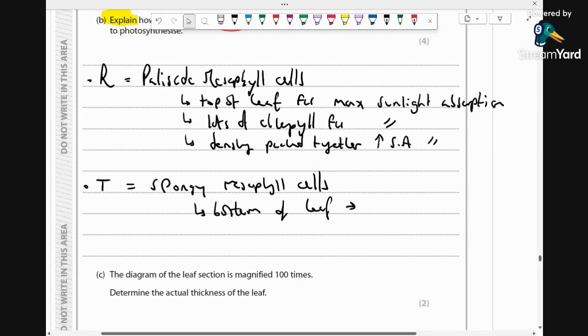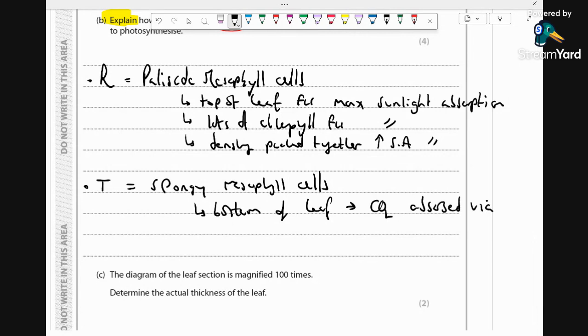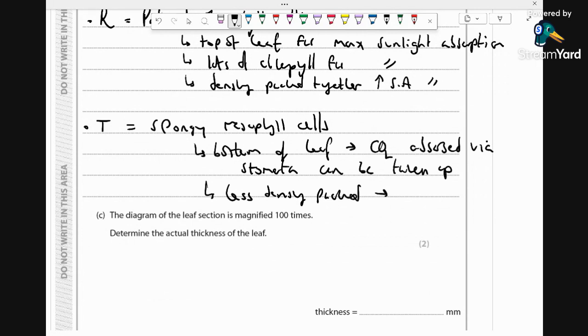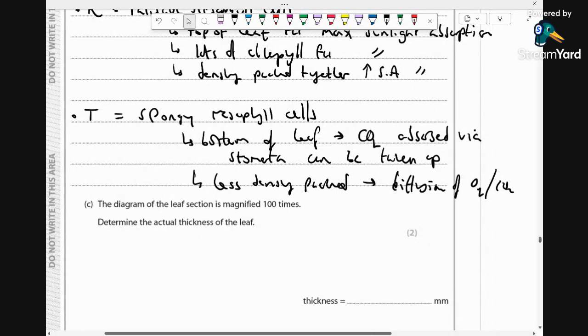This means that the carbon dioxide absorbed via the stomata, which are also at the bottom of the leaf, can be taken up and transported to the leaf for photosynthesis, of course. They are less densely packed, and this is, of course, for diffusion of oxygen and carbon dioxide for gas exchange.